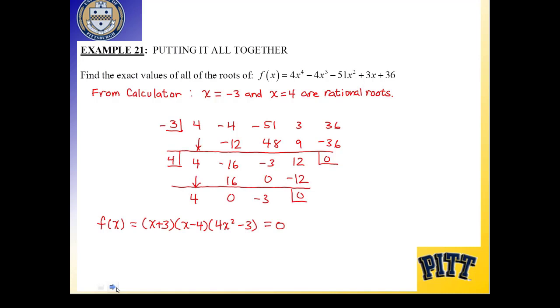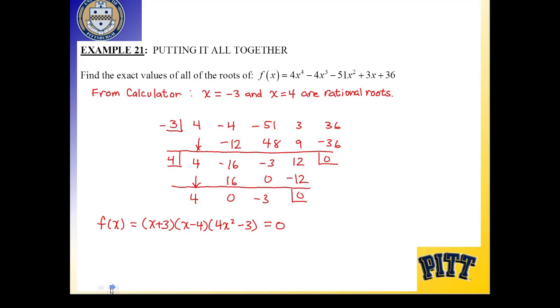I then apply the 4. And I end up with a final result after the two quotients are done together of 4x squared plus 0x minus 3, which means I can factor f of x into x plus 3 times x minus 4 times 4x squared minus 3.